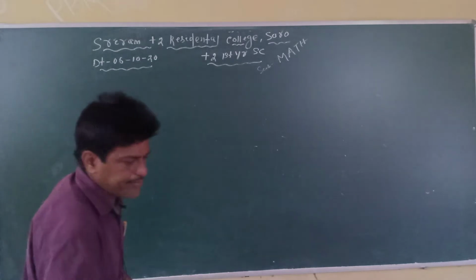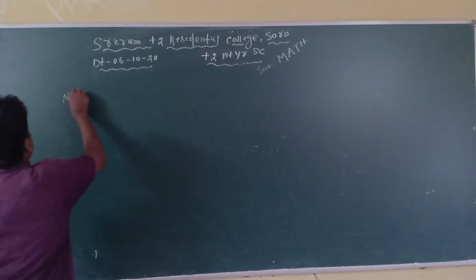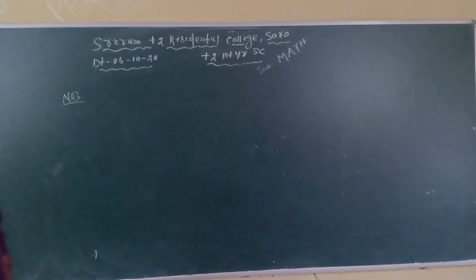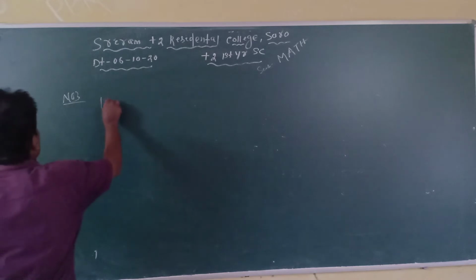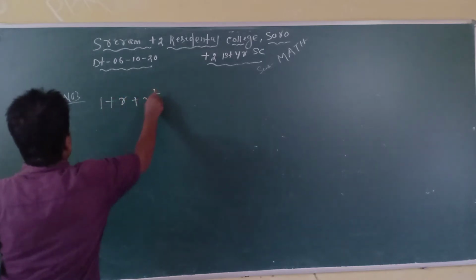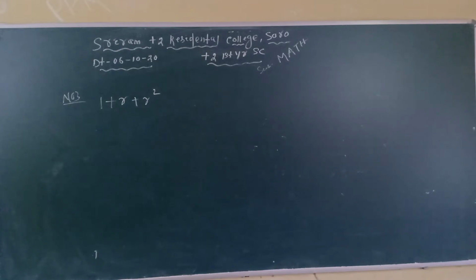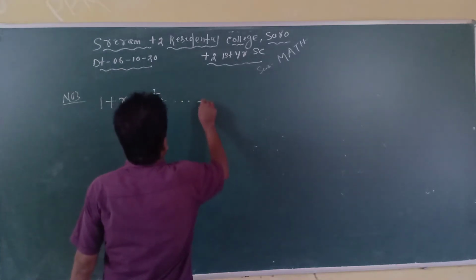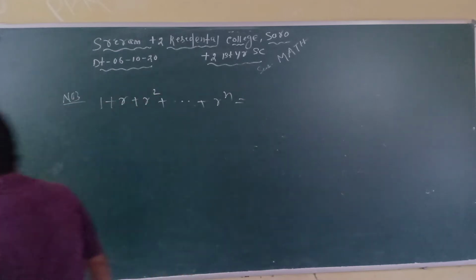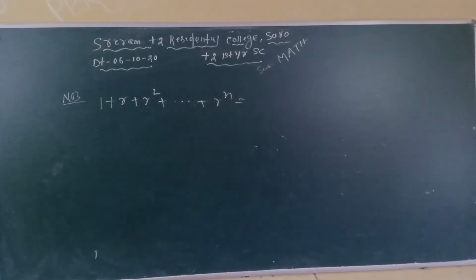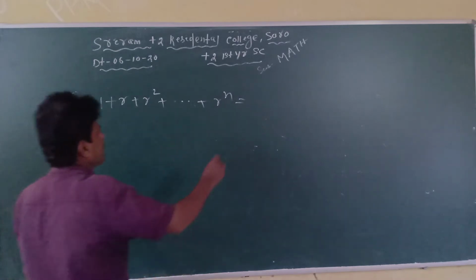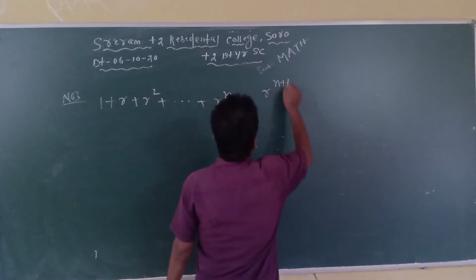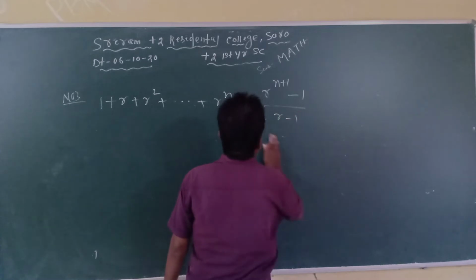You see number 3. It is given: 1 plus r plus r square, dotted, up to r to the n, is equal to (r to the power n plus 1 minus 1) by (r minus 1).